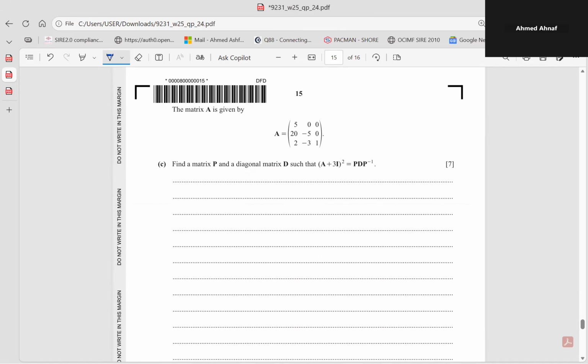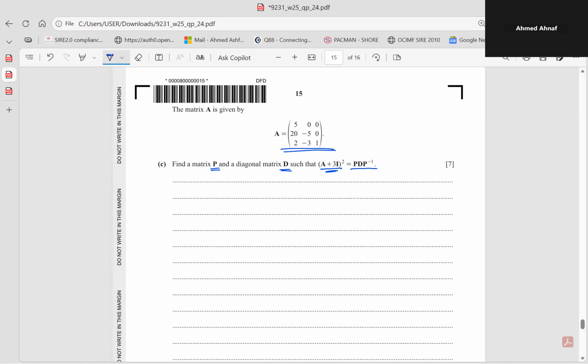Okay, so for this last part, we're given this matrix A, and we're supposed to find matrix P and matrix D such that (A plus 3I) squared equals PDP inverse. What this is basically telling us is to express this matrix in a diagonalizable form.